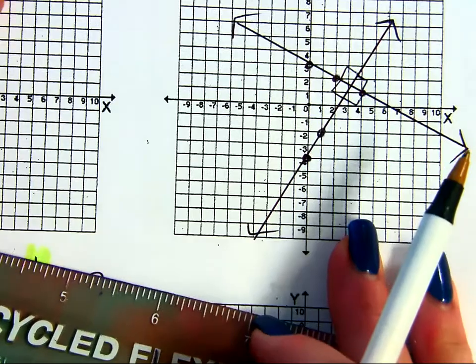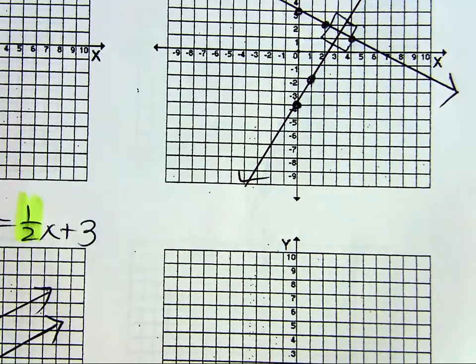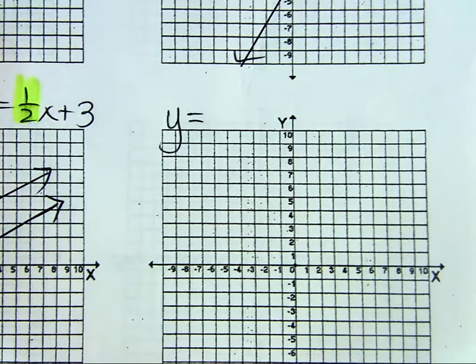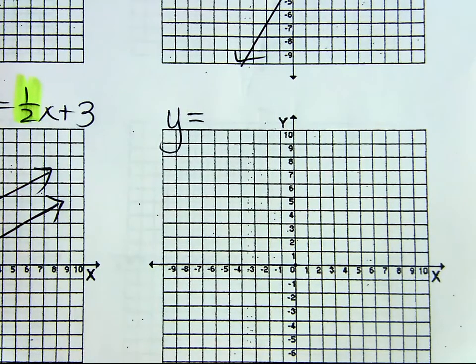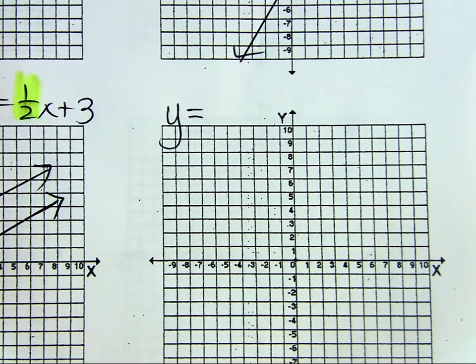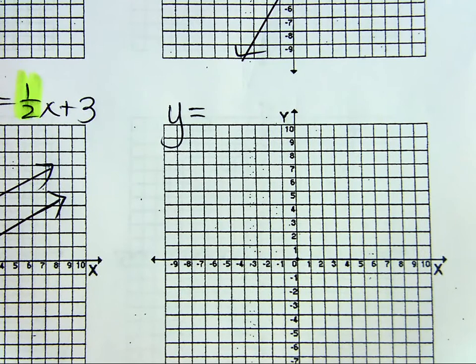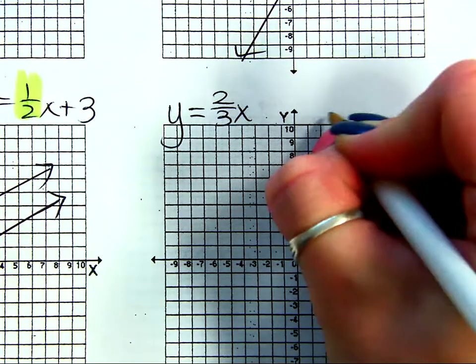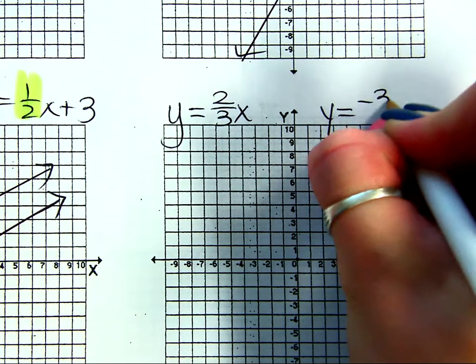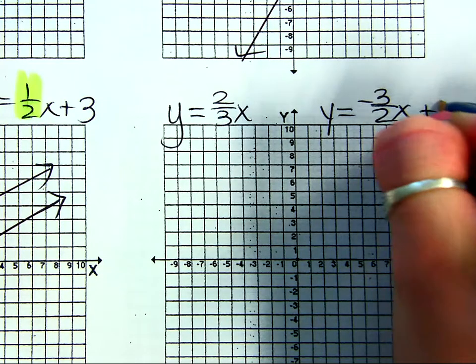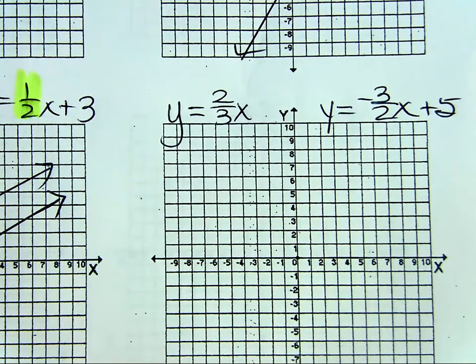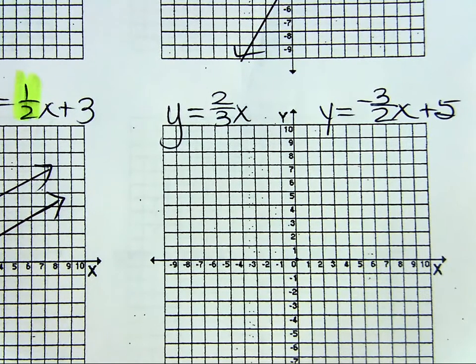Right now, we're trying to do some detective work and figure out what is the connection between the slopes that makes them perpendicular. I know they're parallel when they're the same. So y equals 2/3 x, and y equals negative 3/2 x plus 5. Remember, I don't care anything about the y-intercepts right now. I'm just analyzing those slopes. What is the relationship between 2/3 and negative 3/2?